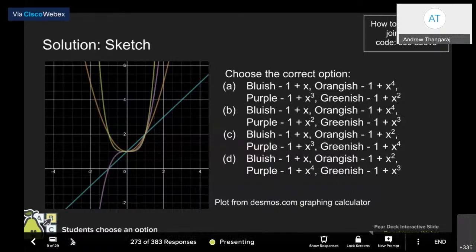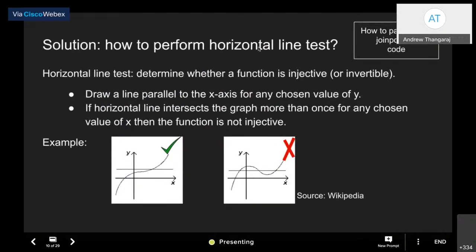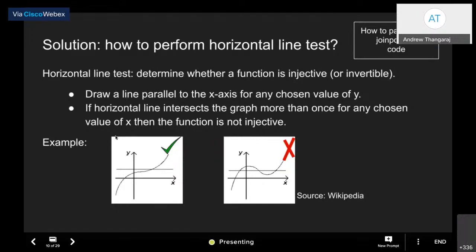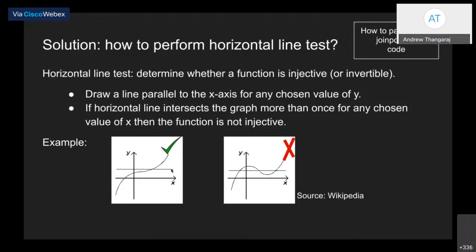So once you do the sketching, most of the other things are done, right? So what do you do? You have to do the horizontal line test to find injectivity or invertibility, or what reversible was used in the class. And that is a very easy test. Once again, you have these horizontal lines and sweep them from top to bottom and see if the graph is getting hit more than once.